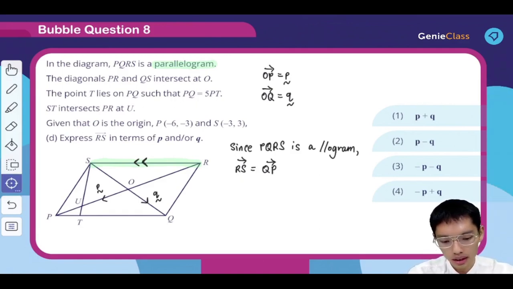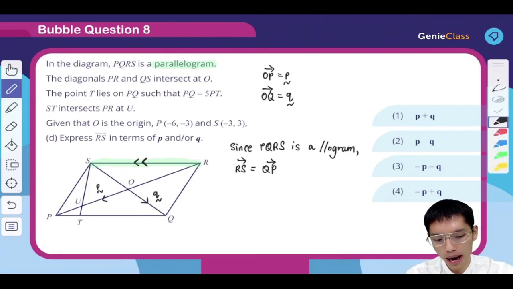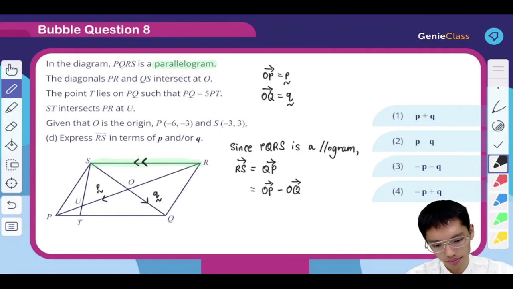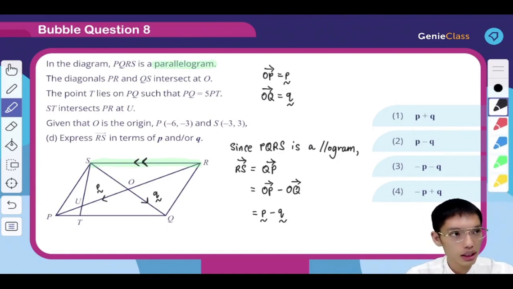To go to QP, I need to go from Q to O, O to P. Or in fact, since it's my position vector, and O is my origin over here, I can straight away say it's OP minus OQ. What is OP? P. What is OQ? Q. So that's my answer over here, which is P minus Q.